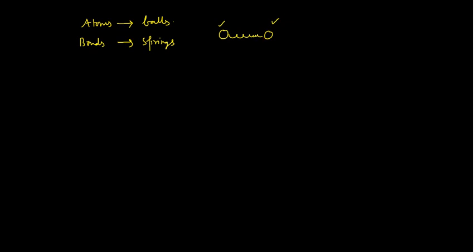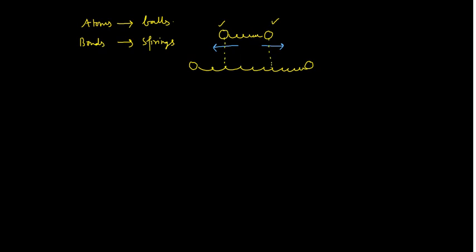So what can we do in that case? If I stretch this spring like that, what can happen in the next instant? This atom will come here and this will come here, for example. And then you see the bond is stretched like that, and this was the actual position of the two atoms.